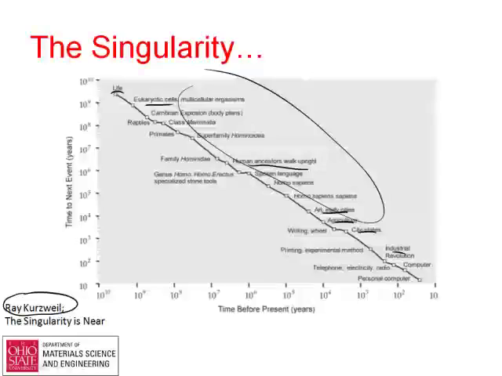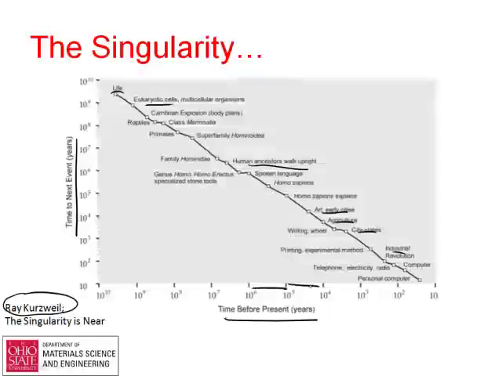He's taken those and written down the big events that have got us here, and plotted the time before present, and plotted the time from one event to the next event. Both of these, again, on logarithmic scales, factors of 10 here.